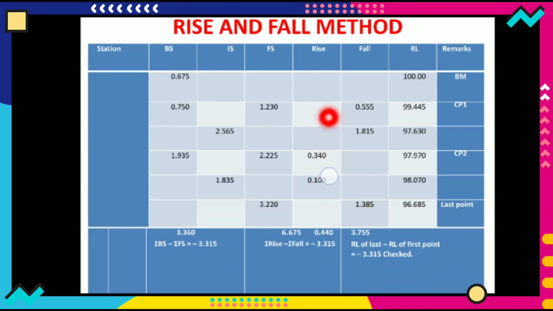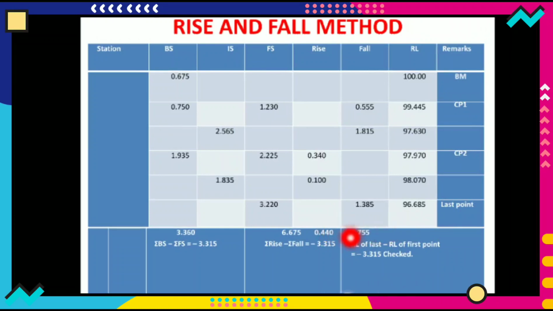Then we add all the rises 1 and 2. Summation of rise is equal to 0.44 and summation of fall 1, 2, 3 is equal to 3.755. So summation of rise minus summation of fall means 0.44 minus 3.755 is equal to minus 3.315.